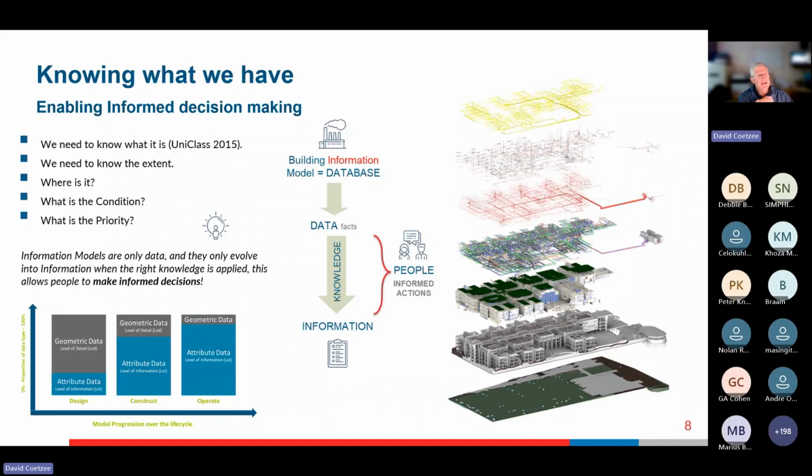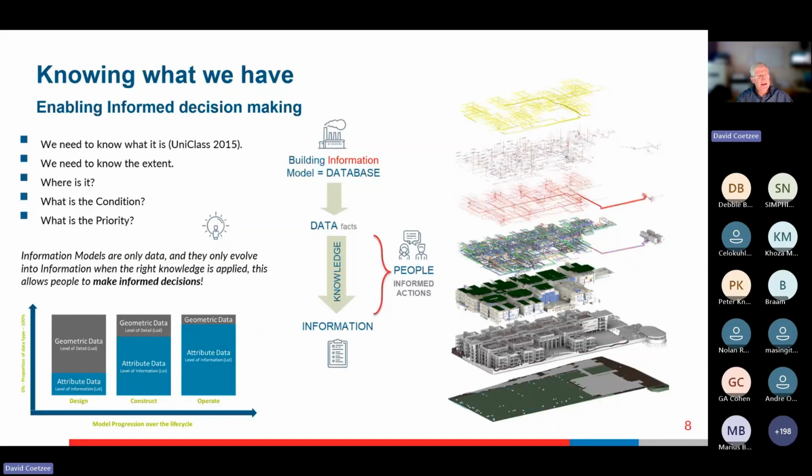So this is more of the downstream side. And then we start to talk about priority. So this is moving away from basic BIM and certainly the design construction and into the O&M phase. I want to know what the priority is, and I want to know what the condition is for every single asset, because that allows me to make informed decisions about where I apply my limited resources.